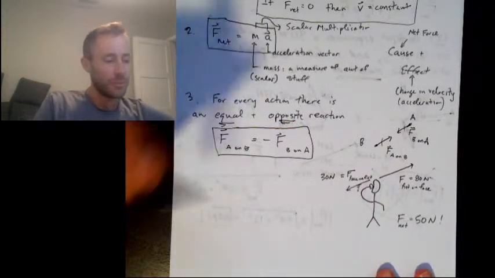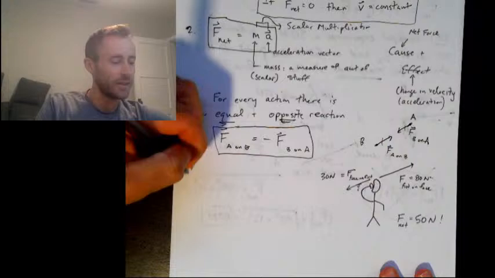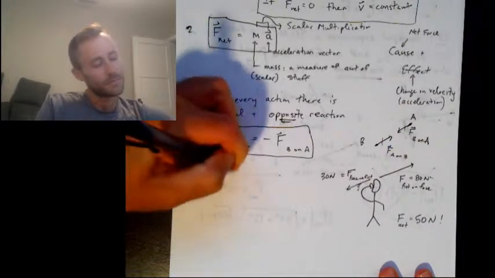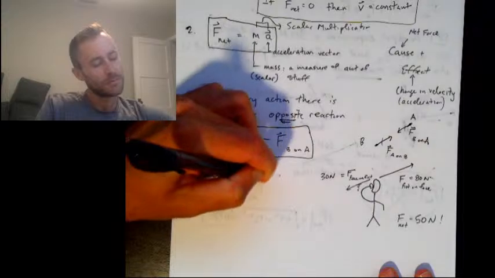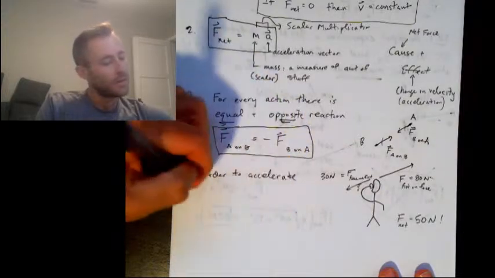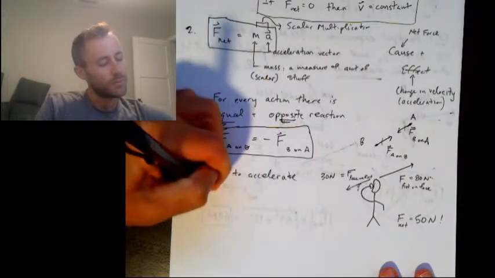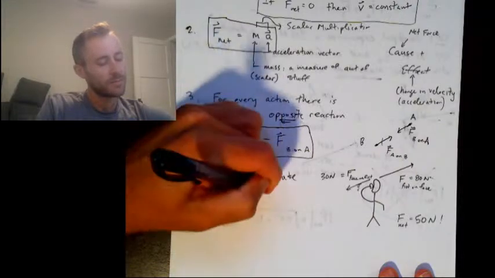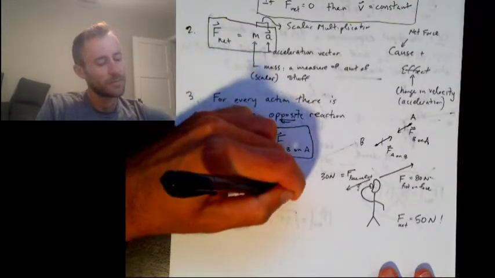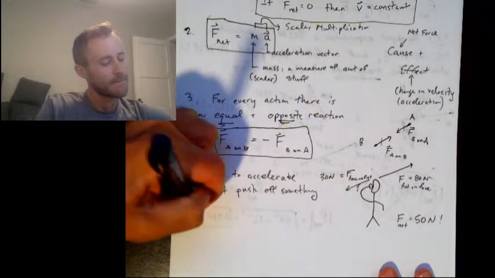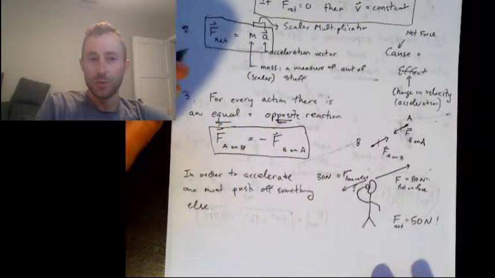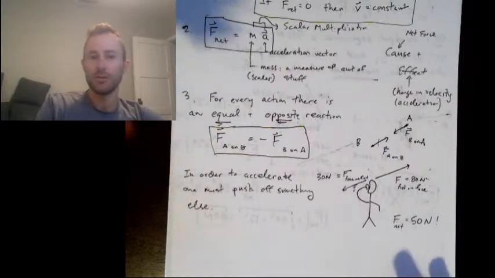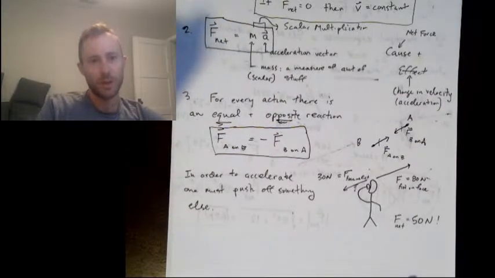So basically what Newton's third law is saying is that in order to accelerate, one must push off something else. If you want to walk, you need to push off the ground. If you want to jump, you need to push off the ground.